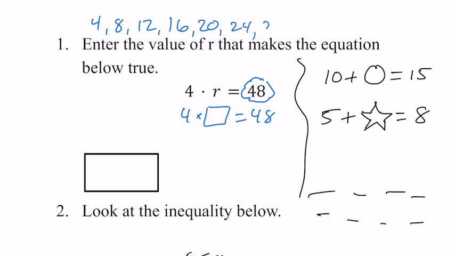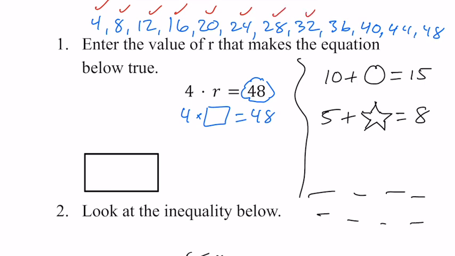Another 4 is 28. Then I'm using my fingers, you can't see me: 29, 30, 31, 32, 33, 34, 35, 36, 37, 38, 39, 40, 41, 42, 43, 44, 45, 46, 47, 48. So what did I multiply that 4 by to get to the 48? 1, 2, 3, 4, 5, 6, 7, 8, 9, 10, 11, 12.